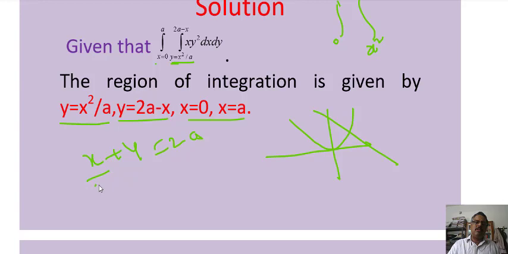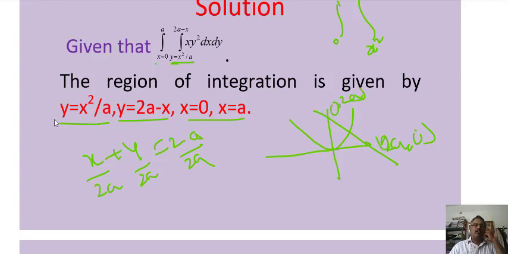In the previous problem a is 1, now it is different. Now for 2a, the x-intercept is 2a comma 0, and the y-intercept is 0 comma 2a.